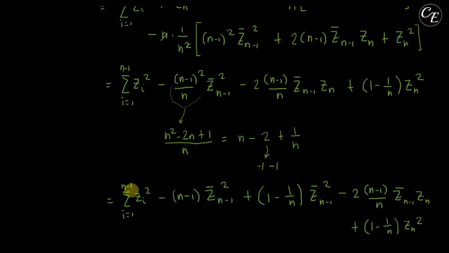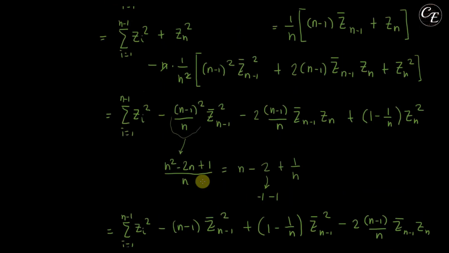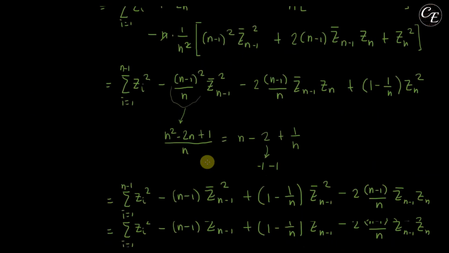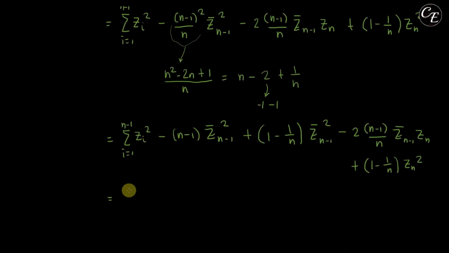So now we have this one, which is the same as this one, so we can use this one in place of this one in there. So we can have here equal to n minus 2 s squared for n minus 1 over sigma squared, and then plus.